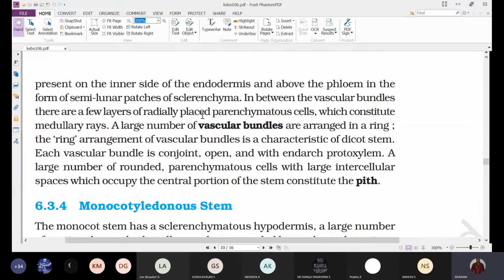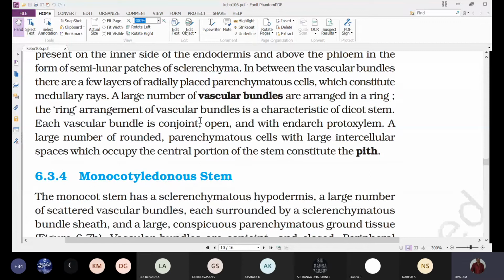So the radially arranged parenchymatous cells between the vascular bundles in a dicotyledonous stem we are calling the medullary rays. And next, a large number of vascular bundles are arranged in a ring. The ring arrangement of vascular bundles is the characteristic of the dicot stem.